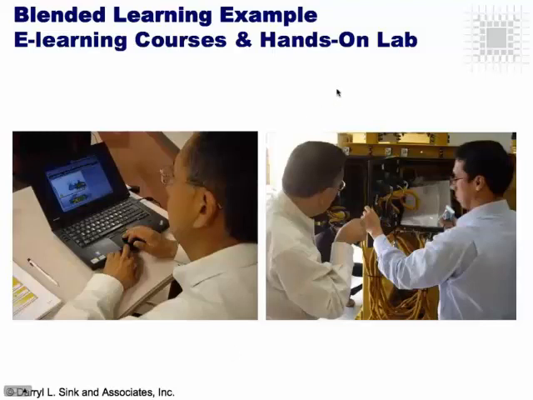Okay, so I do have time to show you just a couple quick examples because I think they're neat. This is a very current project that we've just finished, and it's a blended learning example for a large equipment manufacturer. We have a lab course that's all troubleshooting, very hands-on. That's what you see on the right-hand side there. But prior to that, people took the e-learning program.